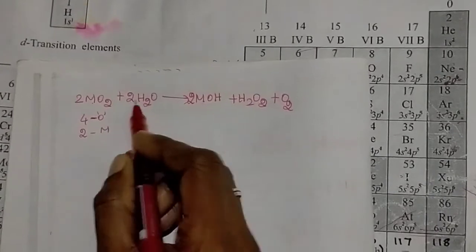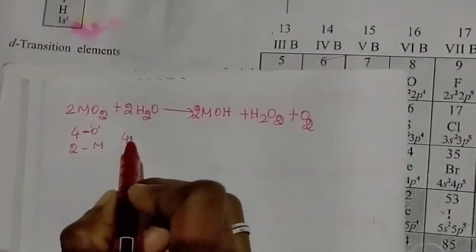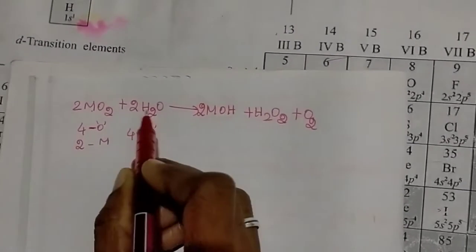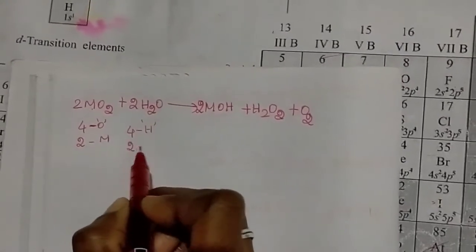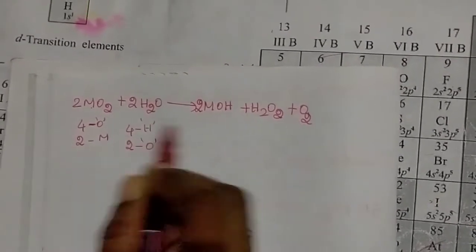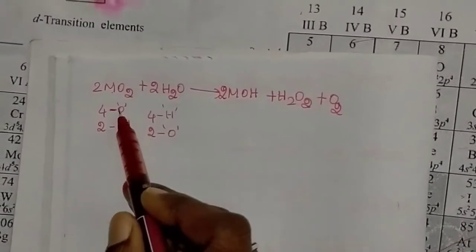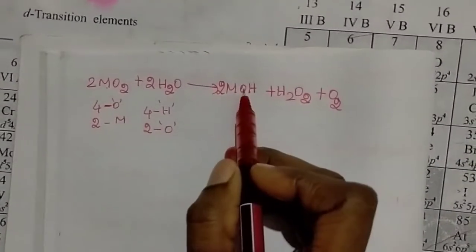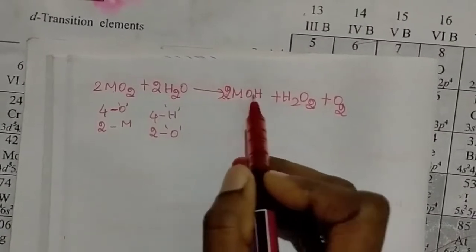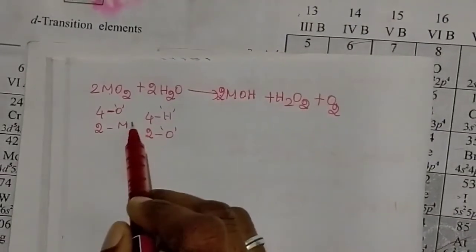Here totally 4 hydrogen and 2 oxygen. Now balance this equation, M2O2, then 2 hydrogen.